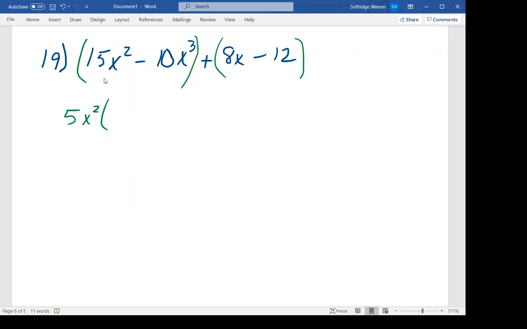And so if we take 5x squared out of 15x squared, we're left with 3. And then we've got minus. And if you take 5 out of 10, you still have a factor of 2. And if you take x squared out of x to the third, you still have a factor of x. So that first binomial factors into this.